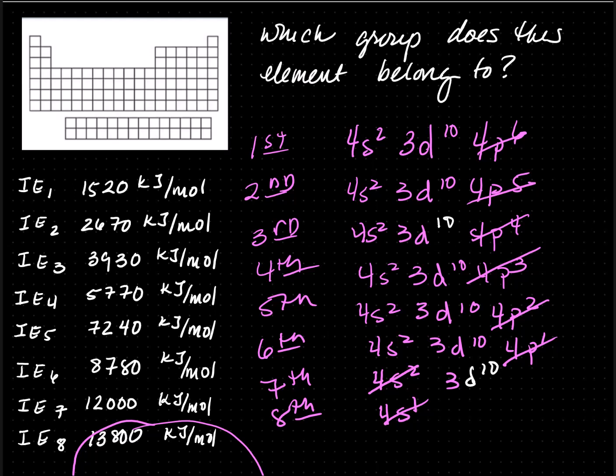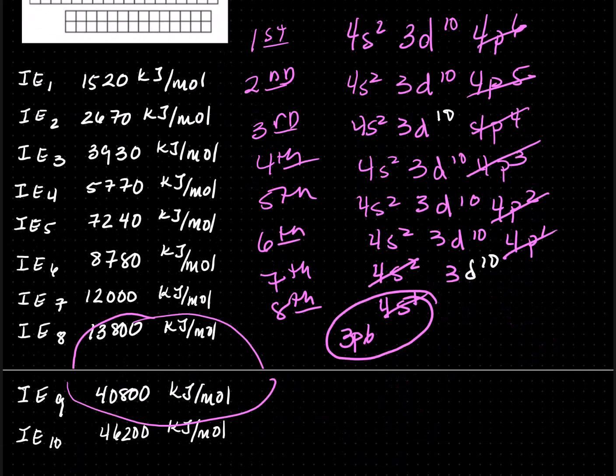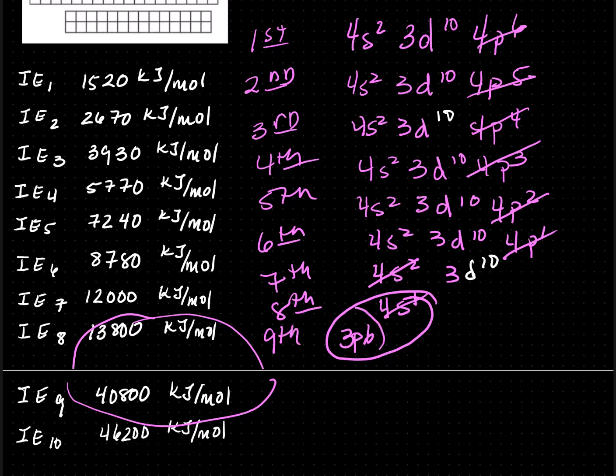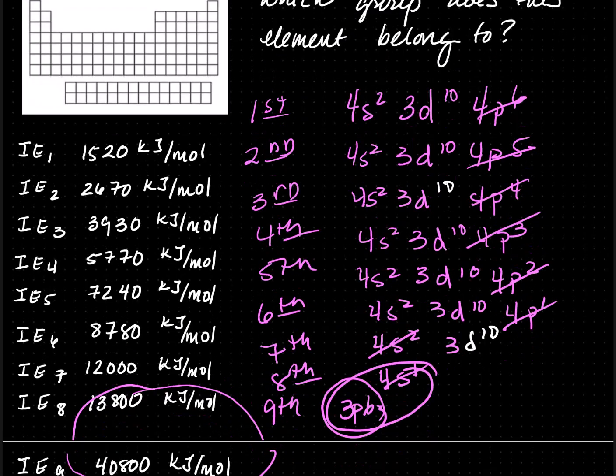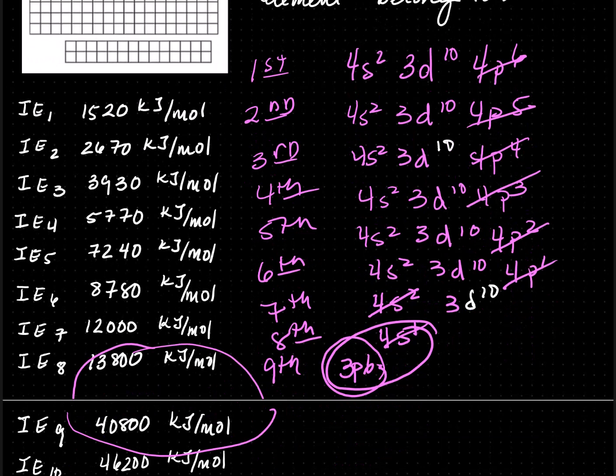Again, there's a change in energy level. And so the ninth one is going to be removed from 3p6. So this one is located in the noble gas. Before the big jump, everything before is the valence electron. So there's 8 valence electrons before it moves down an energy level.